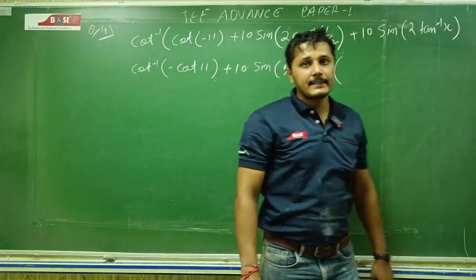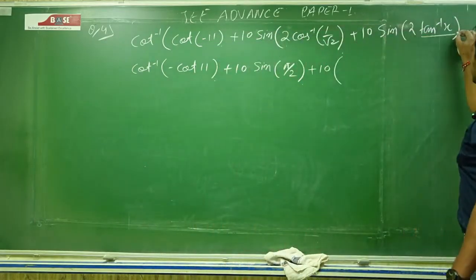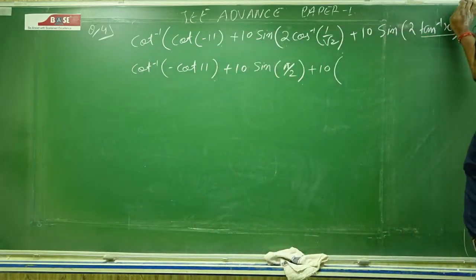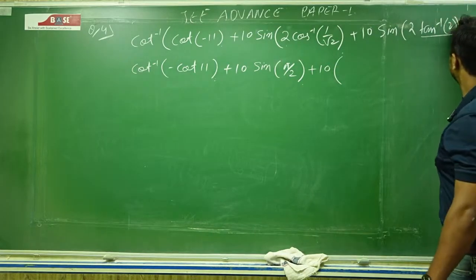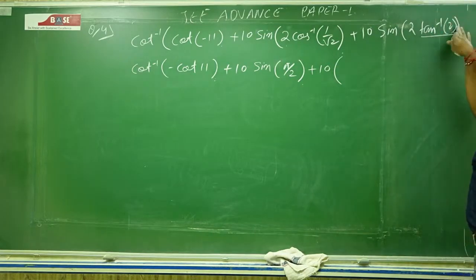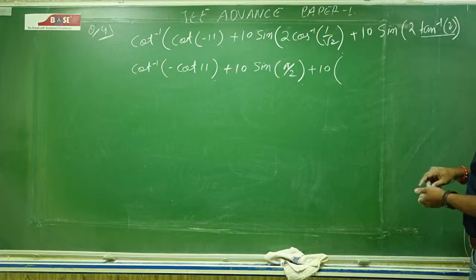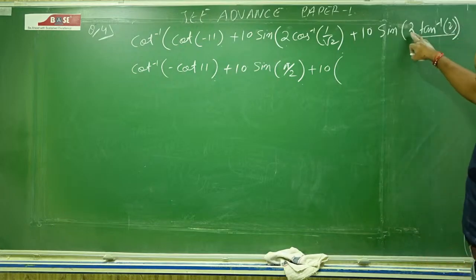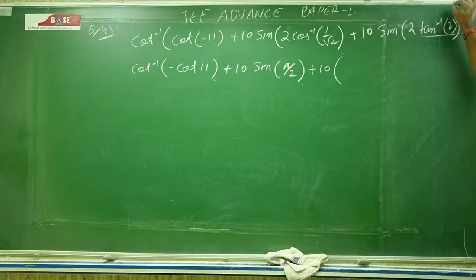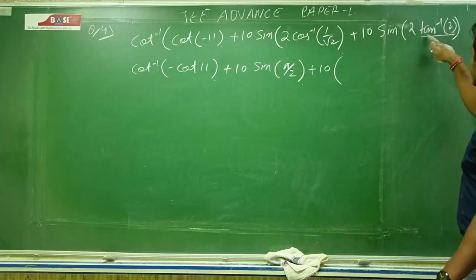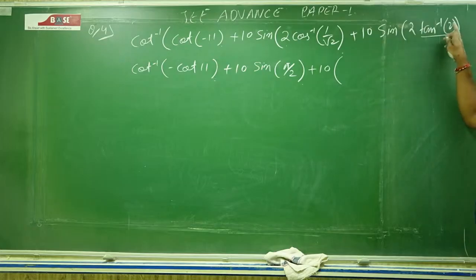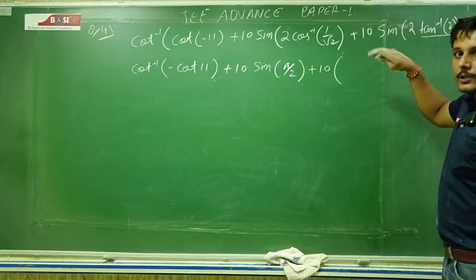Now if I treat this as an angle, this is 2, this is 2, because most of the time we are habitual to write x, so by mistake it came. If I assume this as an angle, I can read this as sine 2 theta, and as the angle is in terms of tan inverse, let me use the sine 2 theta formula.